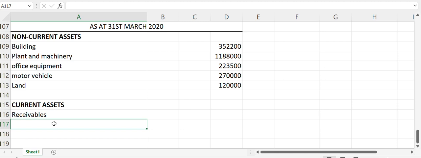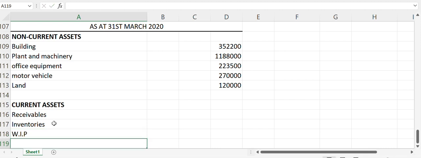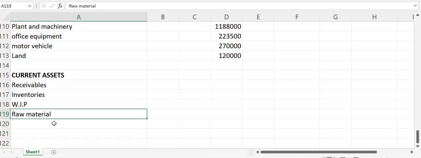And then now for inventories, now you have to be careful here. For inventories, you add all closing inventories, whether work in progress, raw material, and finished goods.